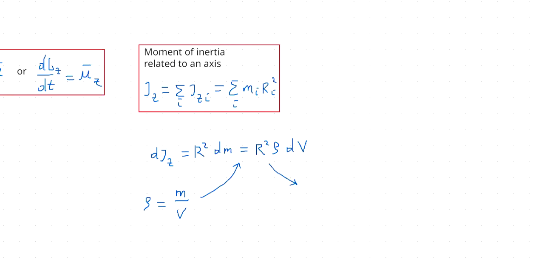And from here we can calculate the moment of inertia of a perfectly rigid body. It will be I z, which is equal to the integral of r to the power of 2 dm, and this is equal to the triple integral over the whole volume of r to the power of 2 rho dV.